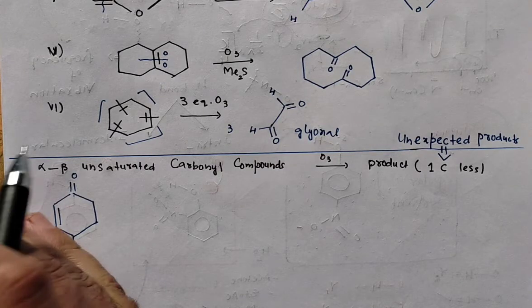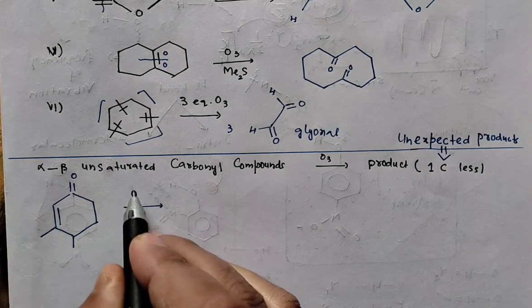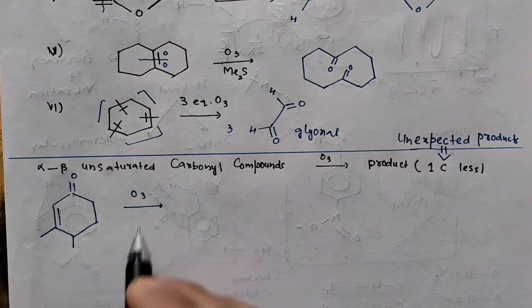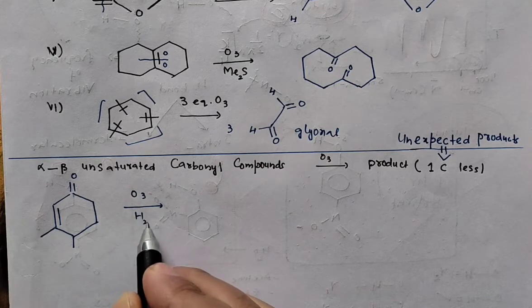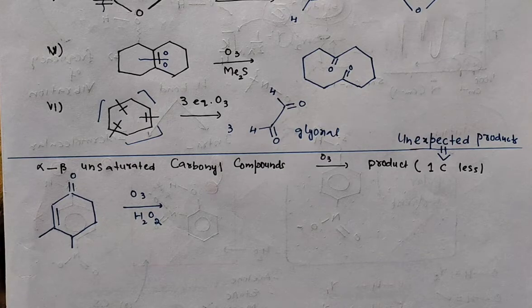Okay, there was something here too, but I'm not showing that. So it's like this. Ozone. And let's say you are using oxidative cleavage. Okay. So what is the rule? If you have an alpha beta unsaturated carbonyl compound as a substrate, and you are using ozonolysis, oxidative cleavage, on that substrate, the product formed has one carbon less.